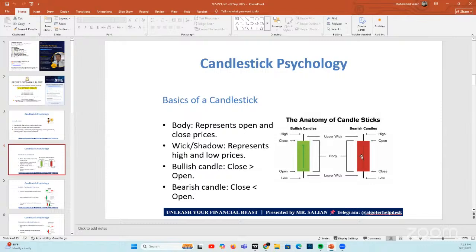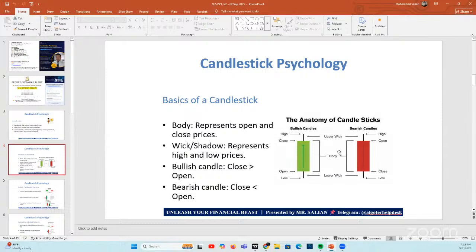And reversed on the bearish candle. So it opens there, goes high, but goes back down, making all this body of the candle here, and then closes at this point. So that's how a candlestick forms, which we already discussed many times.